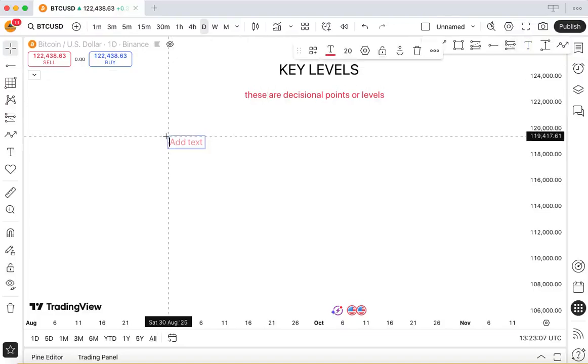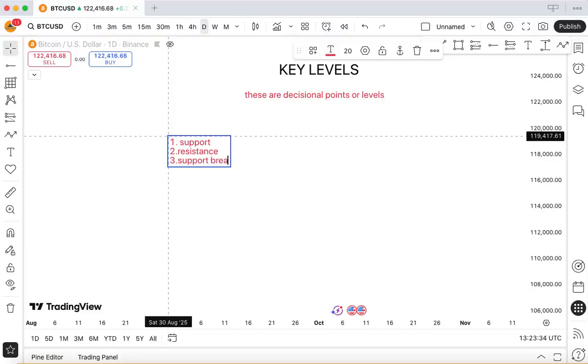So there are six key levels, and one is the support. I think we are familiar with that one. Two is the resistance. Then three is the support, like this.